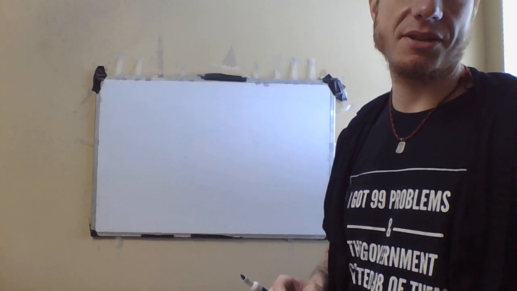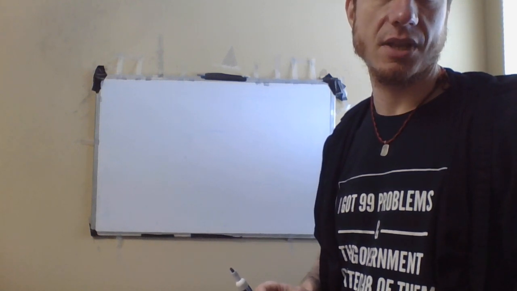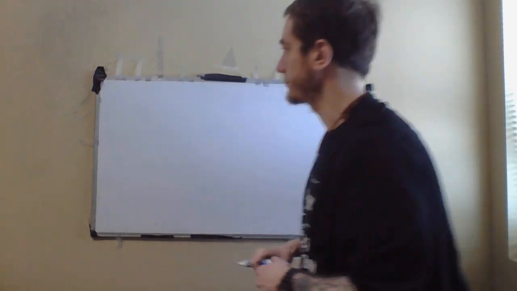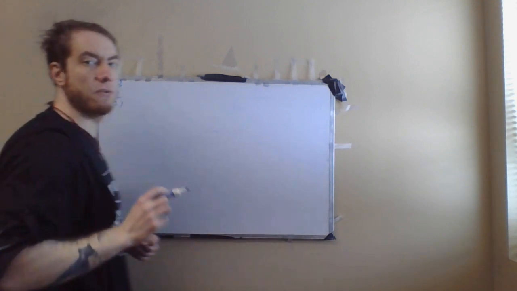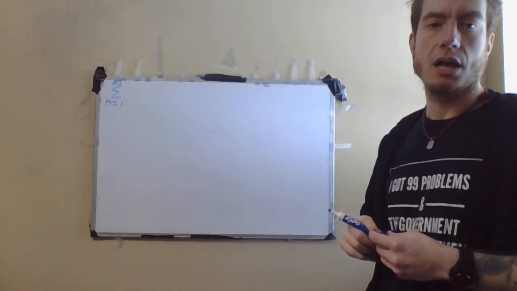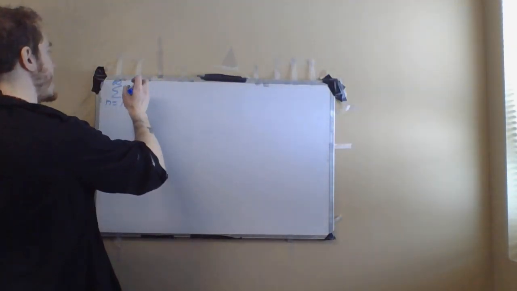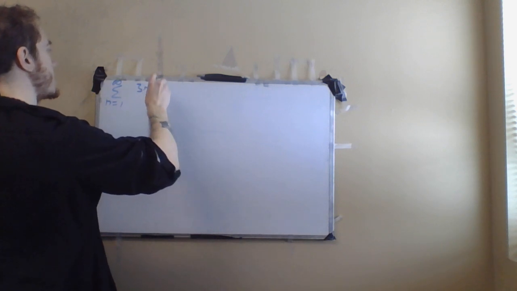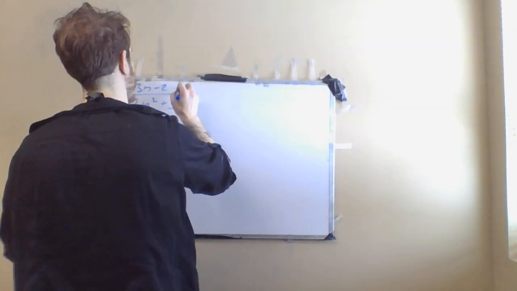Let's suppose that we want to decide whether the sum from n equals 1 up to infinity of (3n minus 2) divided by (2n squared plus 3), and then this whole thing is raised to the nth power, converges.